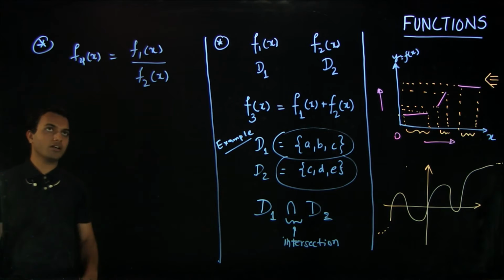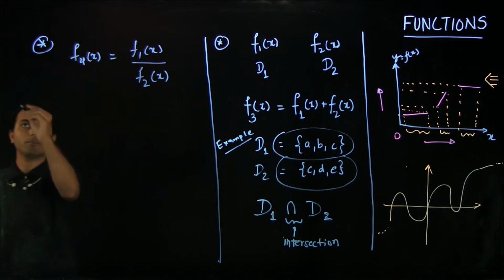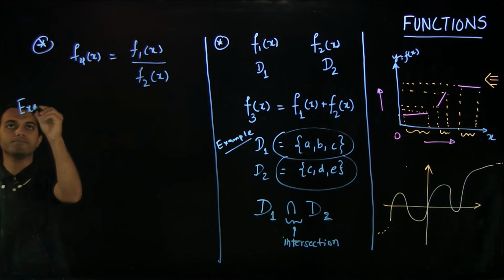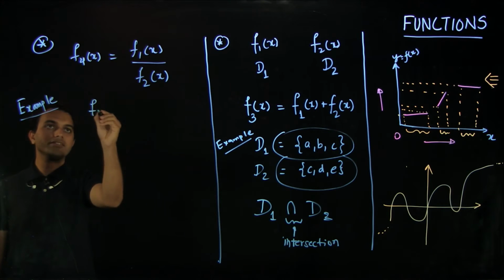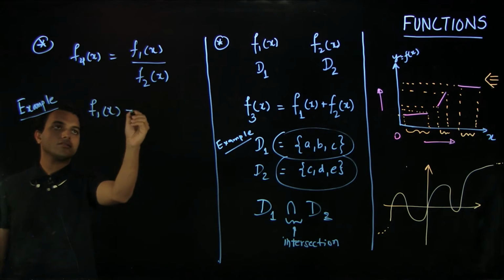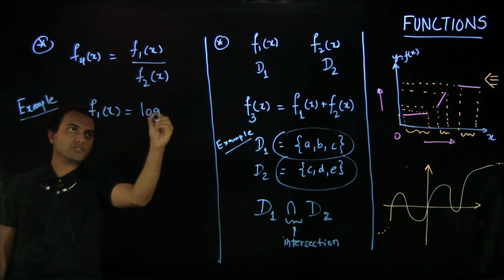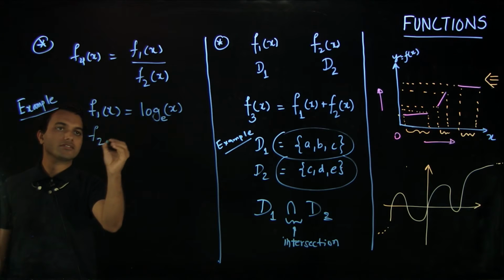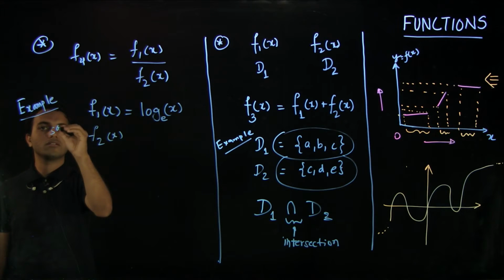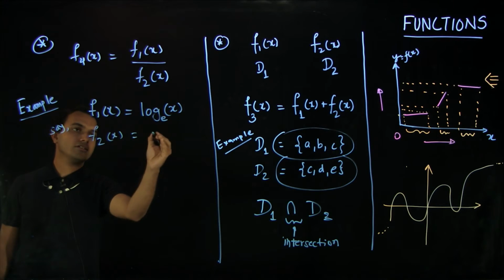And again we try to take an example and try to solve for that. So let's say f1 of x is log of x, and f2 of x is x.